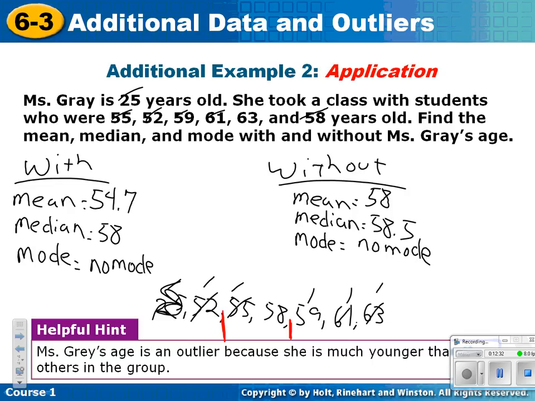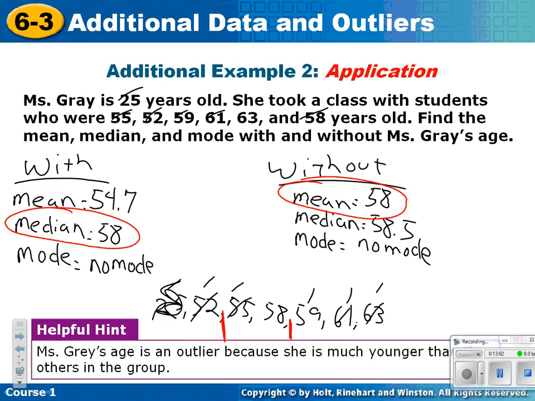Now, if you include Miss Gray's age, which is the best representation? The mean, the median, or the mode? Which one? The median. Okay? This one with her age is the best representation. Without her age, which is the best representation? The mean. I want you to remember this. Put it in your brains.